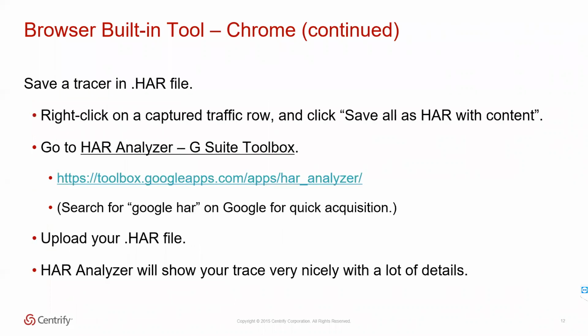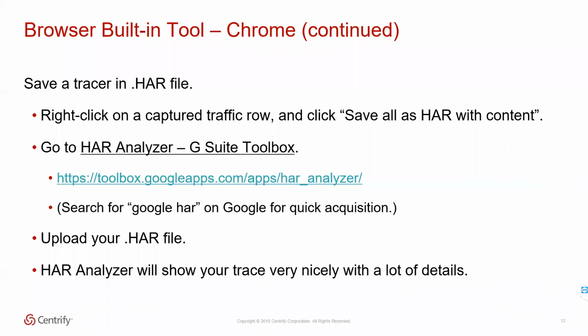Now for Chrome, there's actually an option to export the trace to a .har file. If you right-click on any traffic row, you'll see the option at the bottom to Save all as HAR with content. When you click that, it will download the .har file to disk with the trace you have up to that point.